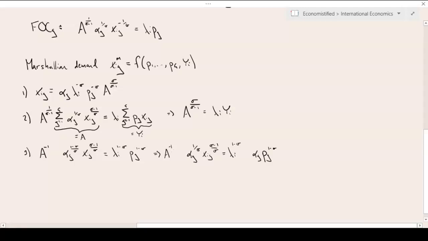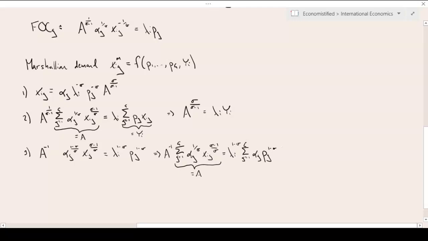And again, because A is already a sum of the g's, I can take that out. And because lambda does not depend on g, I can take that out. And again, on the left-hand side here, we have the definition of A. And on the right-hand side, we have a sum.